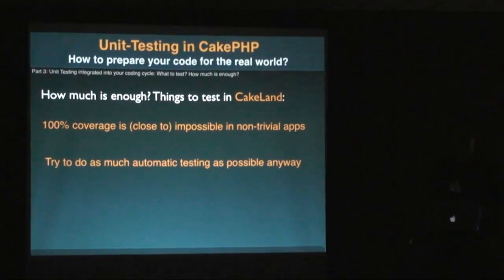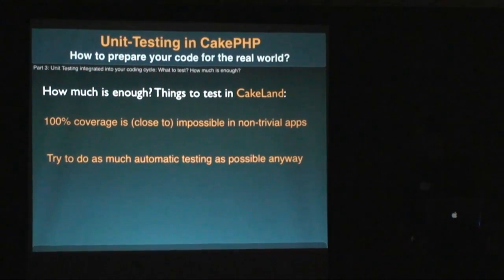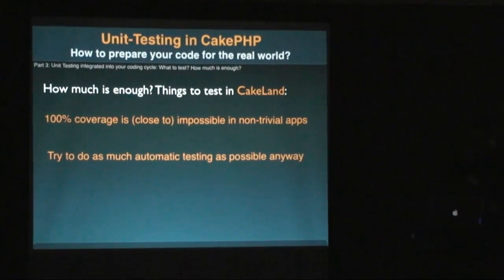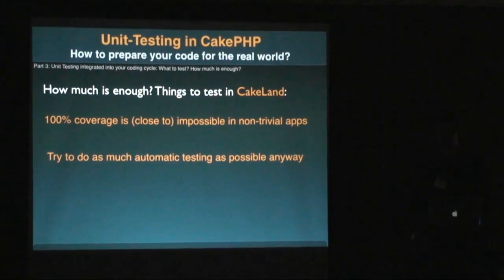So you're going to write many thousand lines of test code, and I'm not really sure whether that should be what you should be aiming for, because, well, I'm not saying that you shouldn't aim for 100% test coverage altogether.